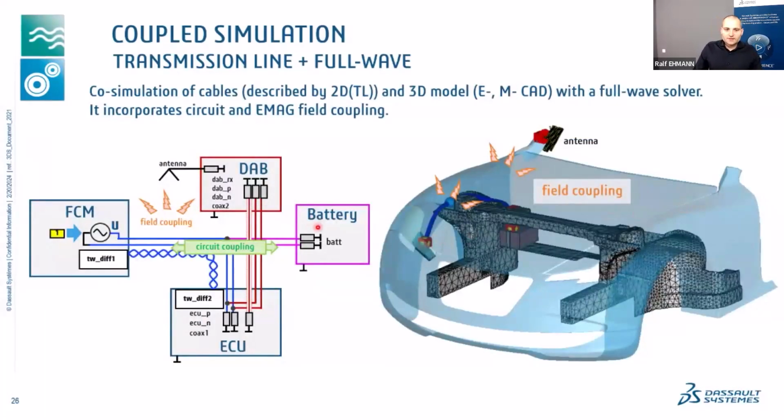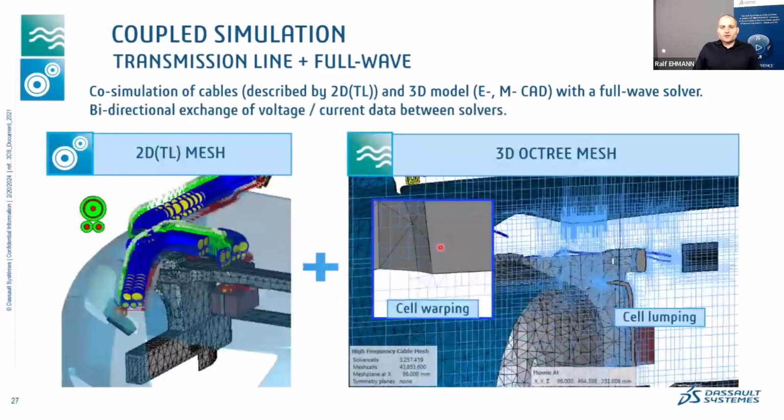So in this case, as I said, because we wanted to see the interaction of the model, let's just see the interaction of this PDN coming to that antenna. This is just for validation purposes here. In order to do that, we have to run a so-called co-simulation, where we are binding together the cable solver with the 3D solver. In this case, it's the TLM solver.